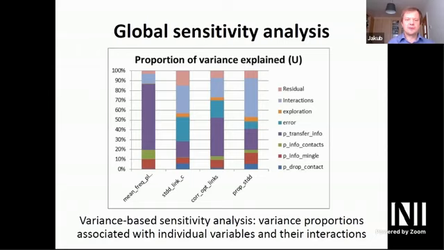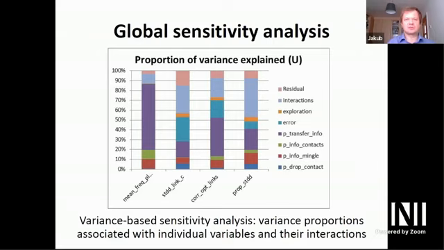outputs. Here you have the proportion of variance explained by different parameters, of the 7 that we looked at in detail, on the 4 outcome parameters. There are quite a few colors, but the main message is that what really matters for these 4 outputs is the way the agents exchange information with one another.